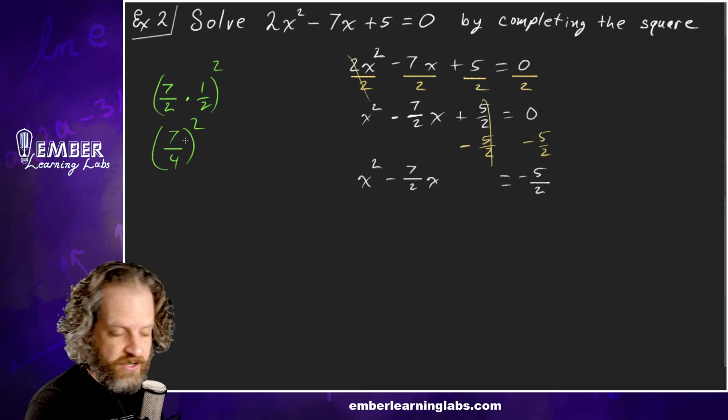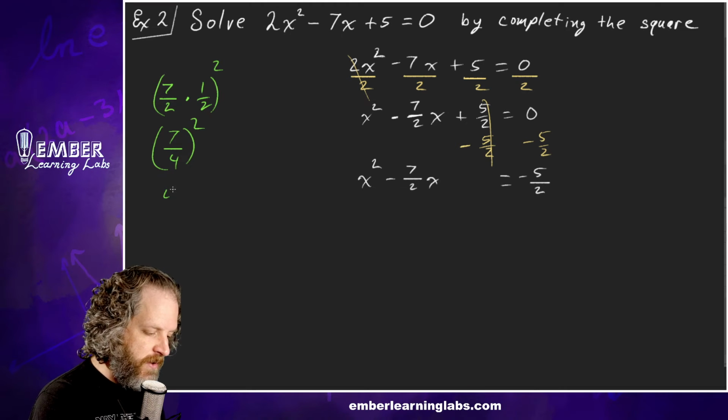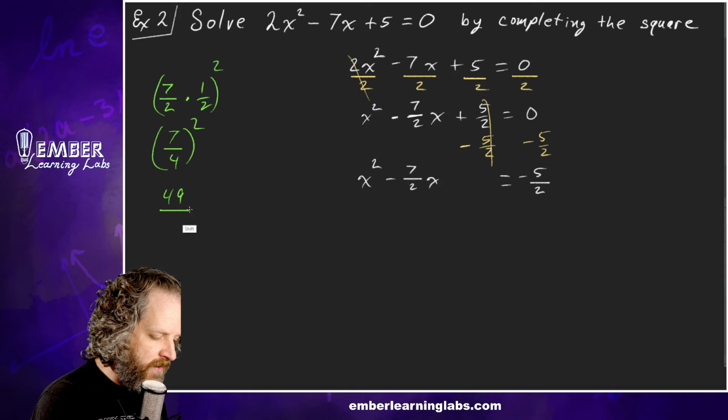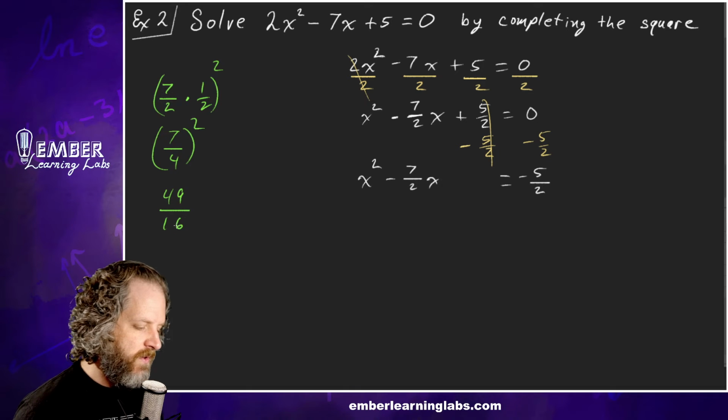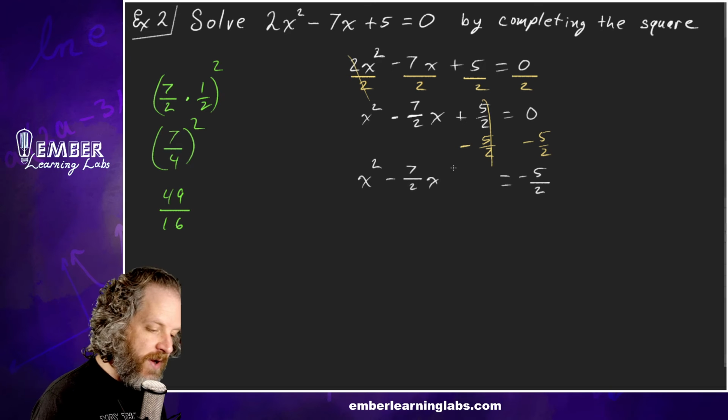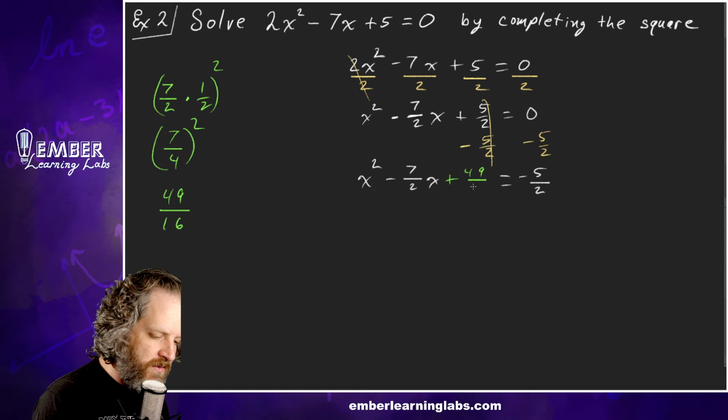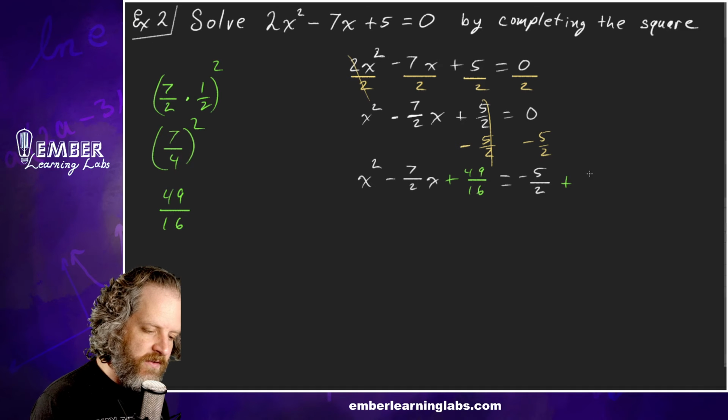When we square a fraction, we square the top and square the bottom, so it'd be 49/16. So we're going to add 49/16 to both sides. Plus 49/16.